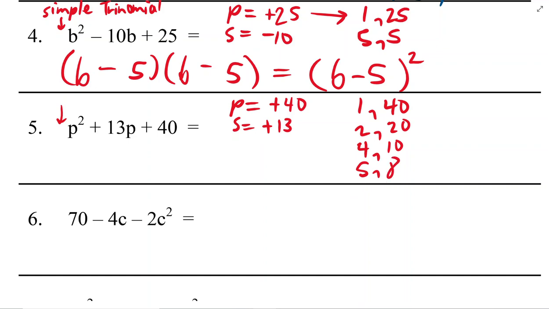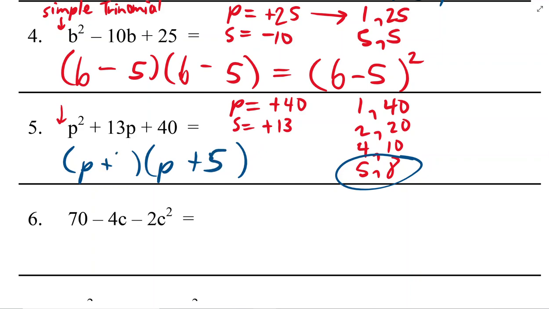Oh, we're at the beginning again. So which combination is going to give you 13? 5 and 8. So we're going to use 5 and 8 to make your factors. Multiplies to a positive, adds to a positive. So plus 5, plus 8. Doesn't matter which one goes where. You can have p plus 5 at the beginning if you'd like.